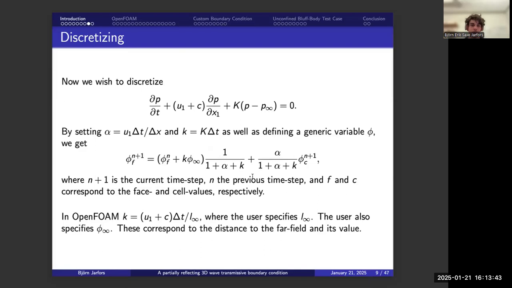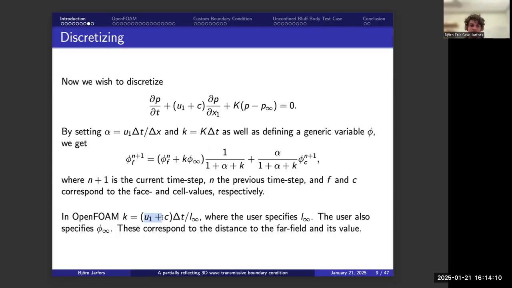All right, so K, as I mentioned, is the same K as the previous one, but multiplied by delta T. But in OpenFOAM, we determine K from the wave speed.